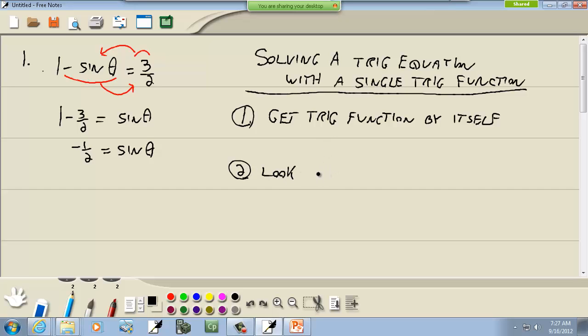And now we're going to look the answers up on the unit circle. Now sine is your y on your unit circle. So we're going to look around our unit circle, and we're going to look where sine, our y part, is equal to negative 1/2.